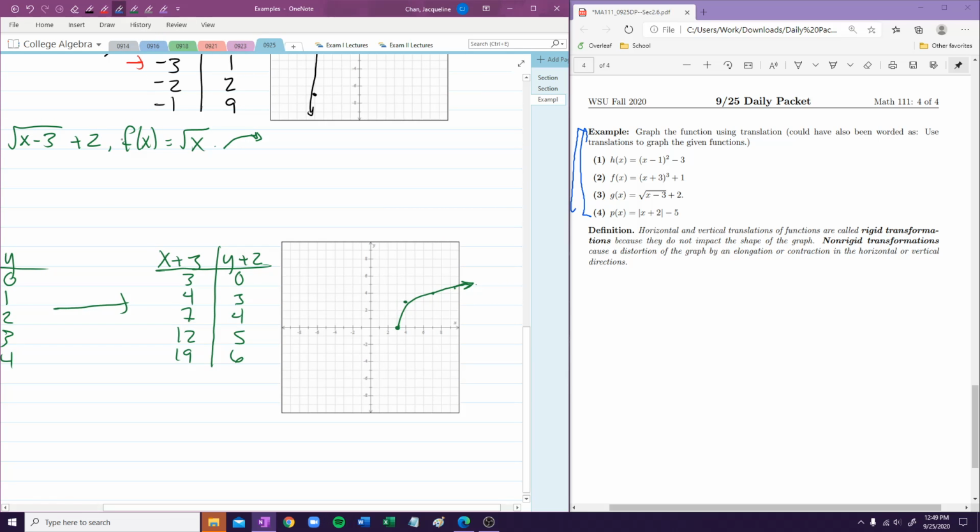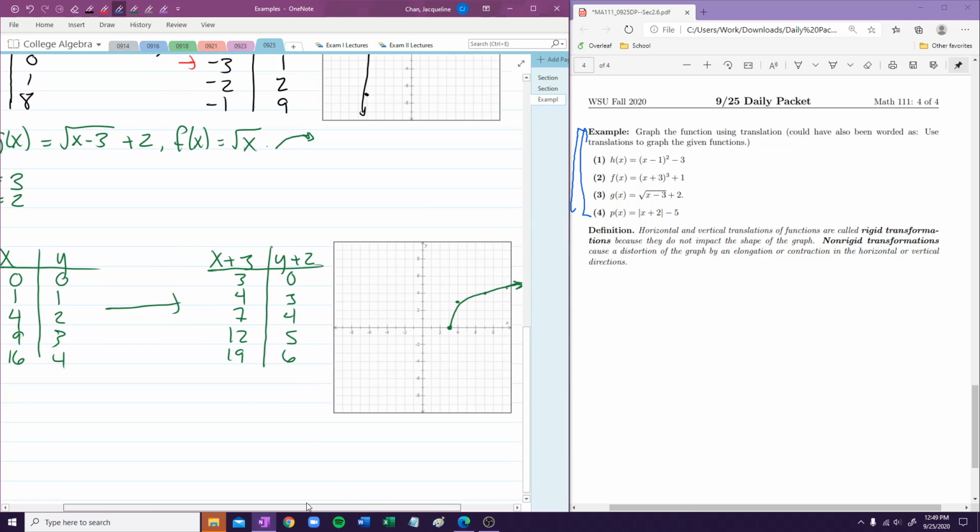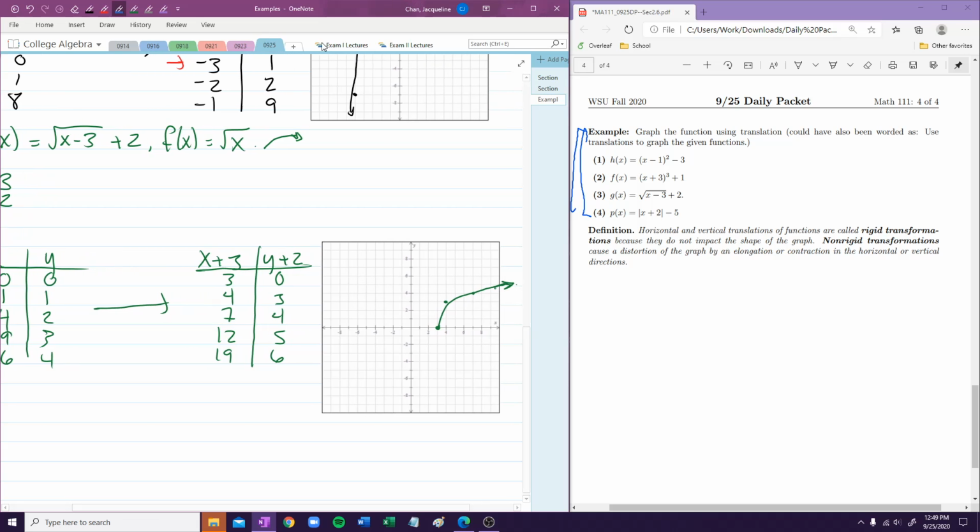Again, oh, that's why it looks so wrong. Okay, geez. This is not 0. Don't know how to add. 0 plus 2 is not 0. It is 2. Jeez. Okay, so 3, 2. Okay, this looks a lot better.